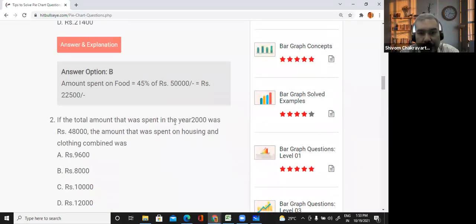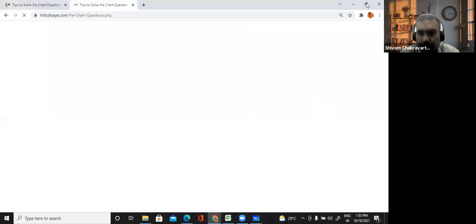The total amount that was spent in the year 2000 was 48,000. The amount that was spent on housing and clothing combined was how much? So we are talking about housing and clothing combined. Just make a note of that. The total amount is 48,000, and we want to find out housing and clothing combined. Let me project the pie also.